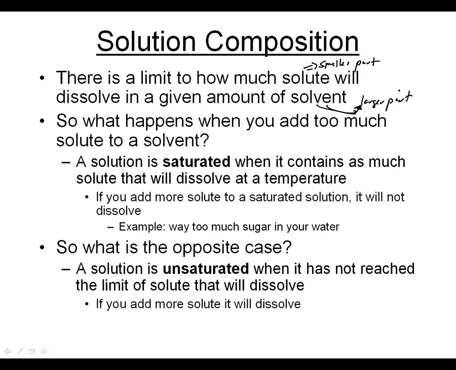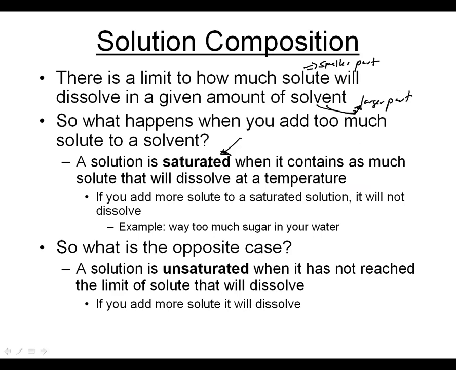Now, what's the opposite of that? That's the part where you have not reached that point yet. That is an unsaturated solution. In an unsaturated solution, you have not hit that limit. And that means that if you add more solid, it will continue to dissolve until it hits a saturated solution.